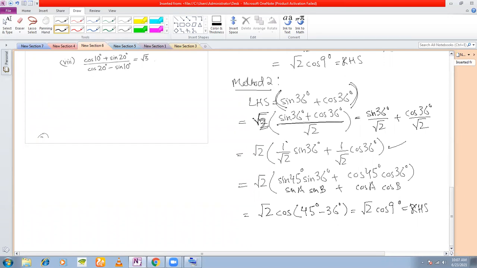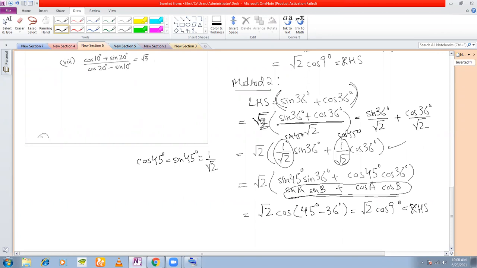Now see this, I want to bring this to a cos A cos B sin A sin B form, right? We know that the value of cos 45 and sin 45 both are 1 by root 2, right? We know this, right? Yes. So because we want to bring it to this form, cos A cos B plus sin A sin B, for this we substitute cos 45 degree, and for this we substitute sin 45 degree.